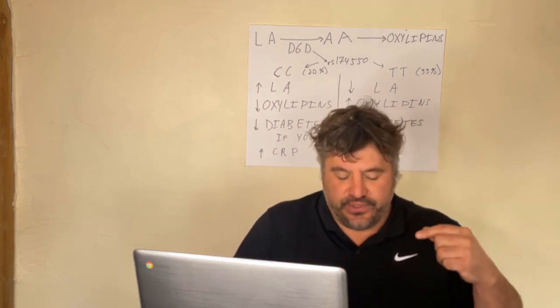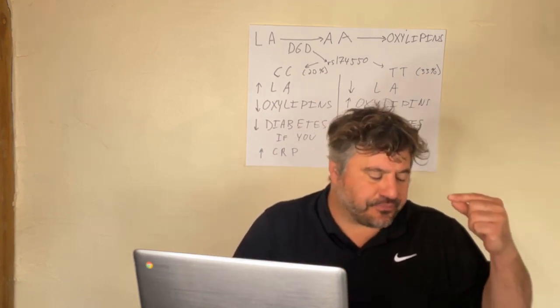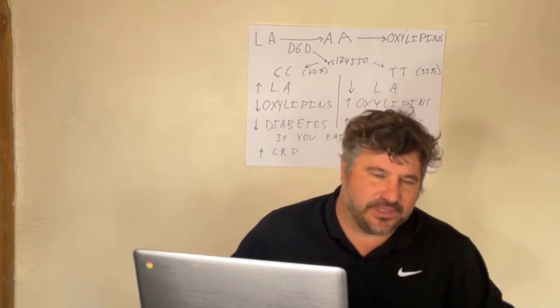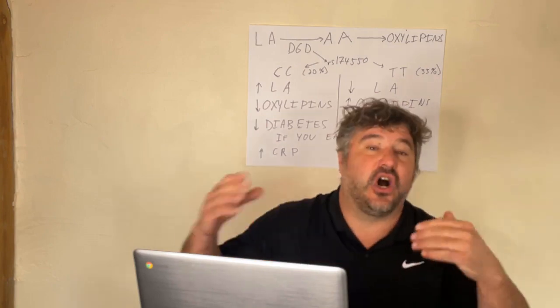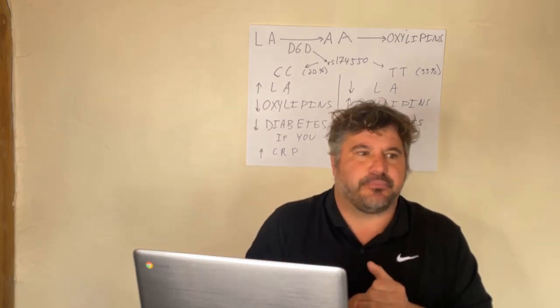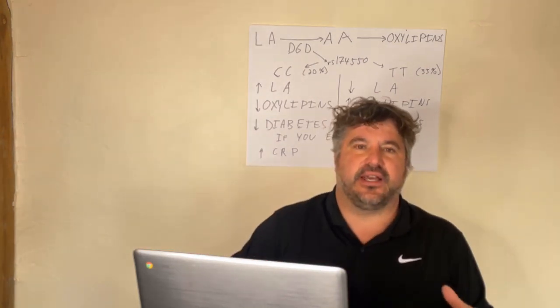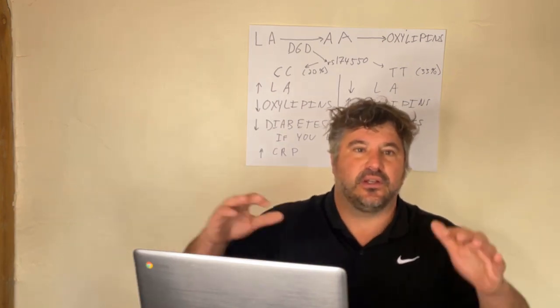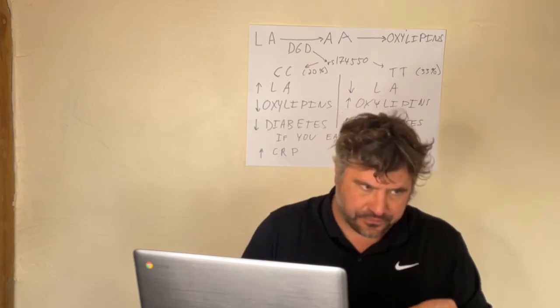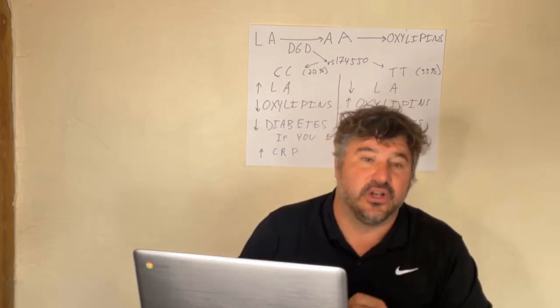And so when you do Mendelian randomization, you can get an idea that this thing actually causes that thing, right? And so they did this study and they looked at all of these. There's a whole bunch of diseases that are associated with low levels of linoleic acid.